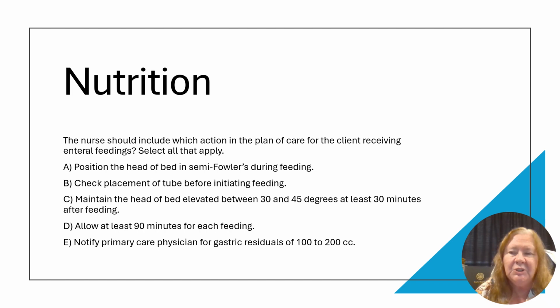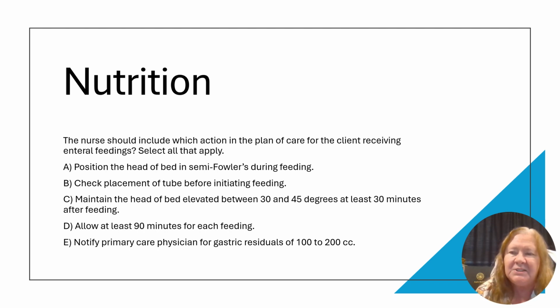Okay, we're back. Let's look at these answer choices and which ones are correct. So the correct answers are B and C. B is check placement of tube before initiating feeding, and C is maintain the head of the bed elevated between 30 and 45 degrees at least 30 minutes after feeding. So minimize the risk of aspiration by checking proper tube placement before initiating feedings and at frequent intervals.